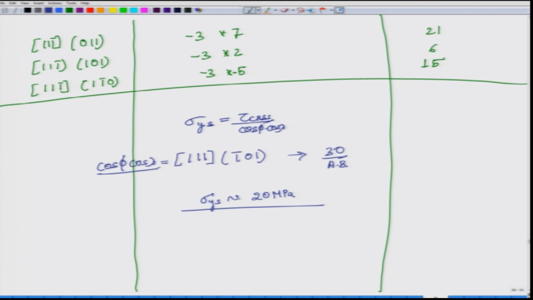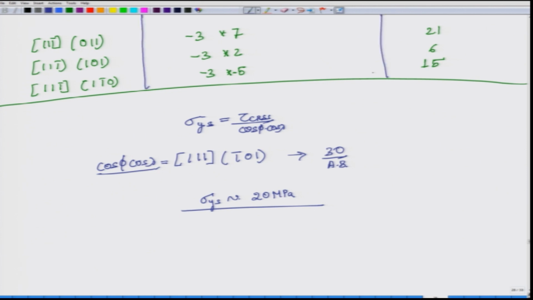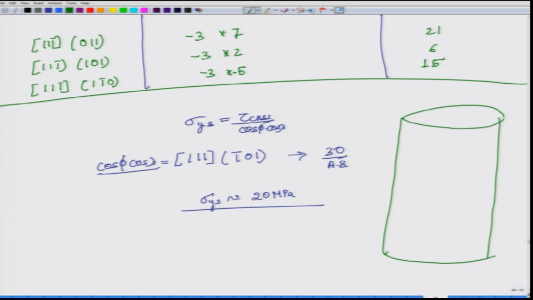So, there will be several number of planes. Let me try to now visualize what I have just explained.